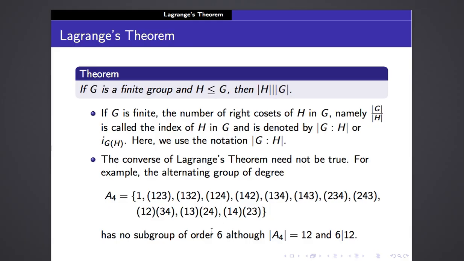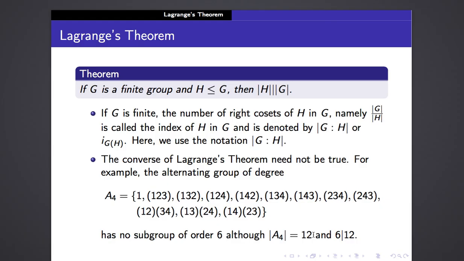12 members. Now this alternating group does not have a subgroup of order 6, even though 6 divides 12. So this is a counterexample of the converse of Lagrange's theorem, okay?